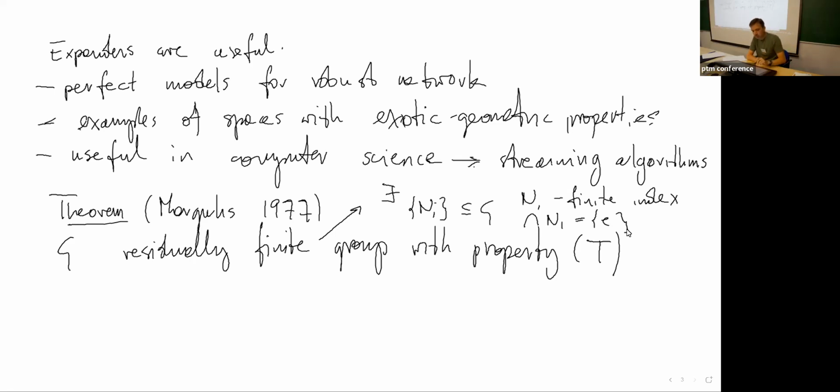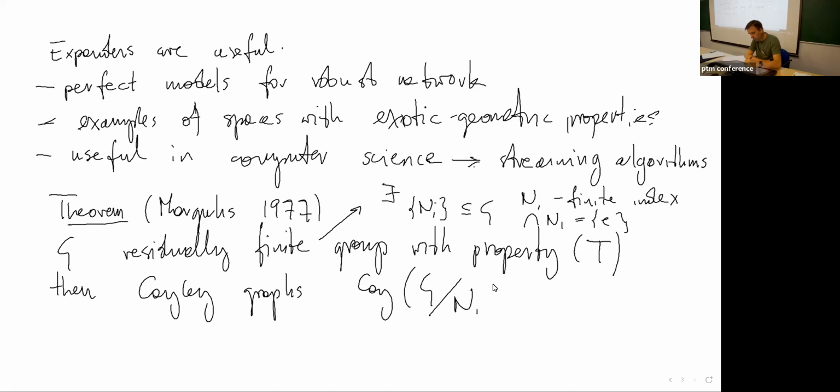So if G is a residually finite group with property T, where property T is a certain analytic property of the group introduced by Kazhdan, I won't get into that, then Cayley graphs of the finite quotients are a sequence of expanders.